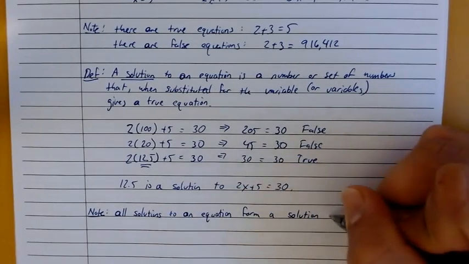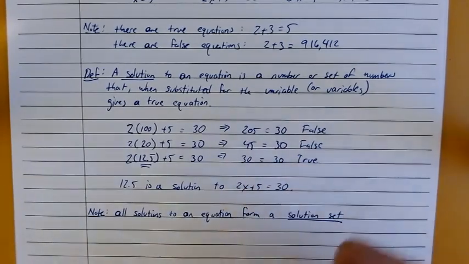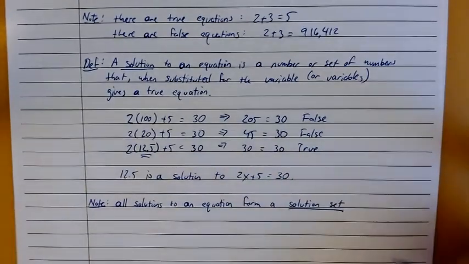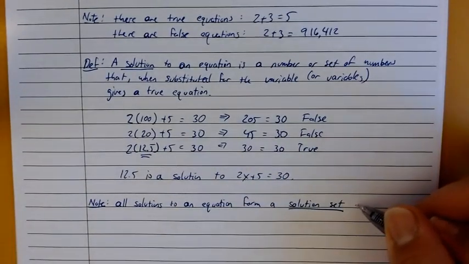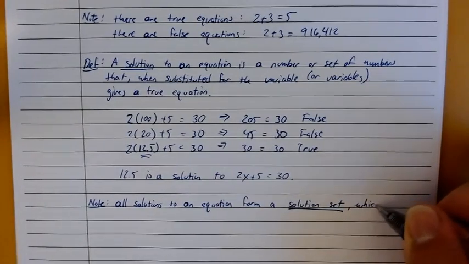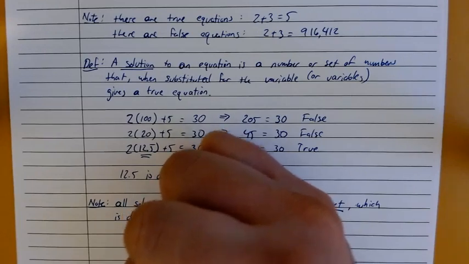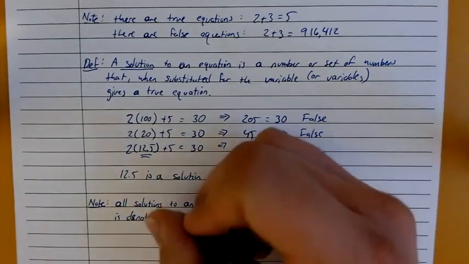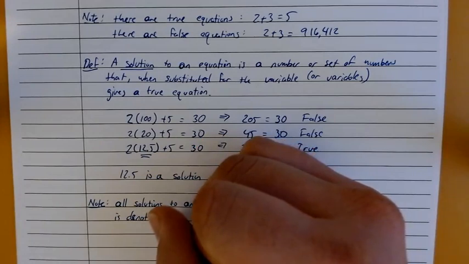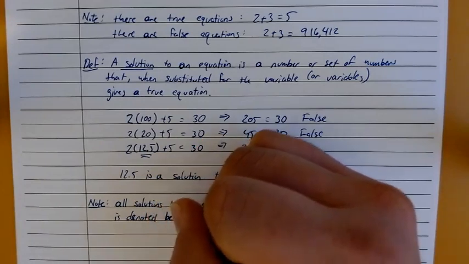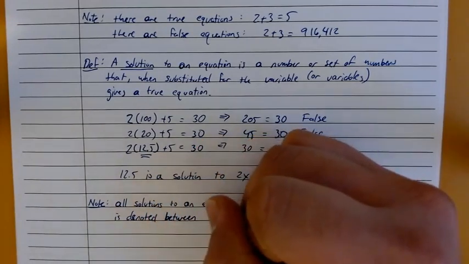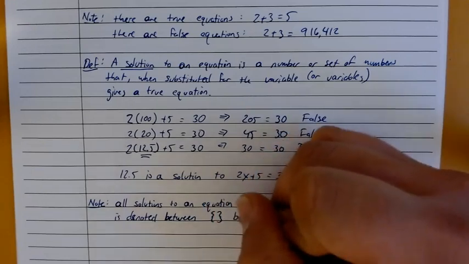That's the name. It's called a solution set. And the way we write it uses curly braces; it's denoted between braces.